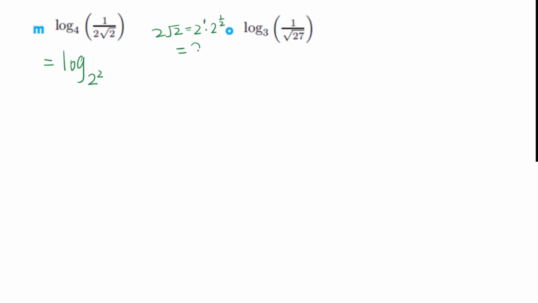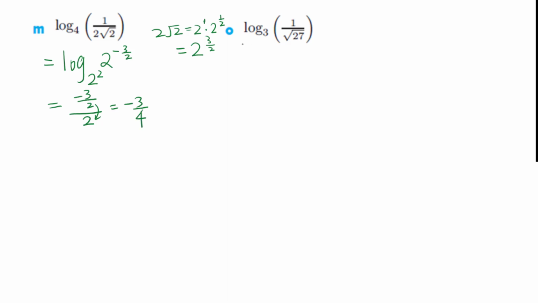We add exponents. 3 over 2. 1 over, which means the exponents will be negative. So we write down 2 to the negative 3 over second power equals negative 3 over 2 over 2. Drop down, that is negative 3 over 4.